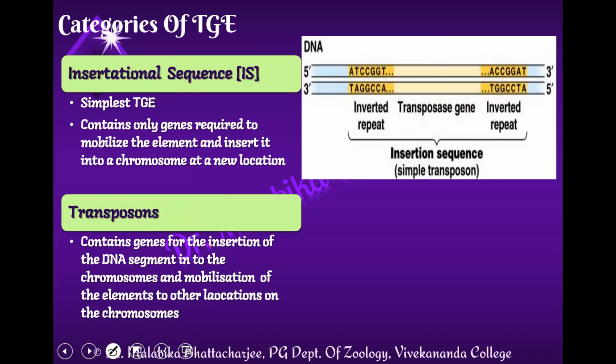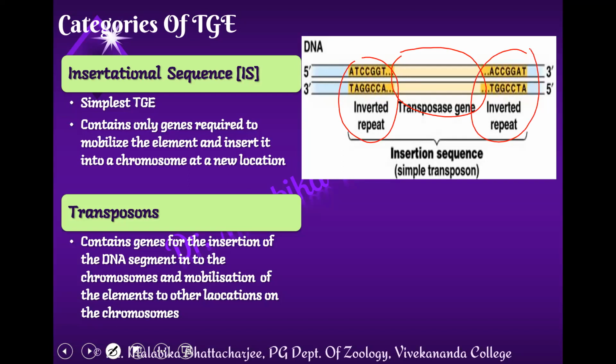These are the simplest of the transposable genetic elements. They have a central DNA piece which contains the transposase gene, which helps in moving this DNA sequence from chromosome to chromosome or within the chromosome. And this central piece of DNA is flanked, as you can see, by two inverted repeats.